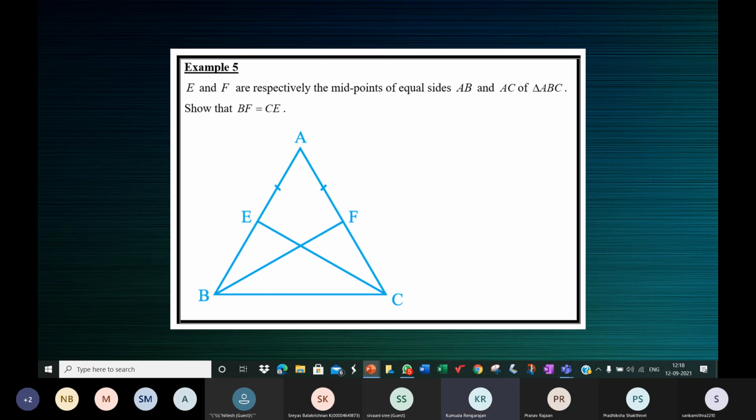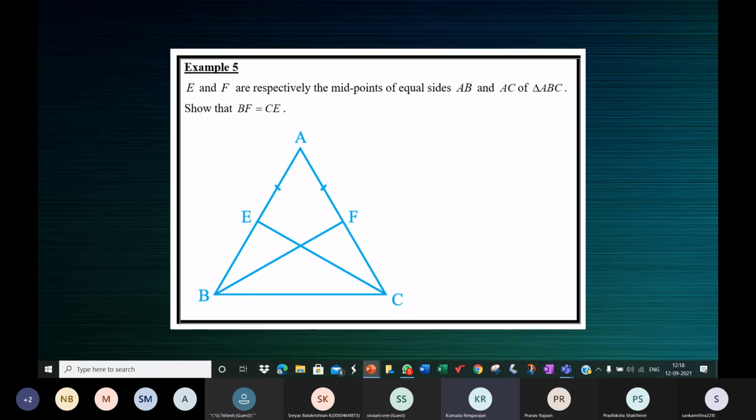Tell me a triangle which has BF as a side. Ma'am, ABF. Another triangle which has CE as a side. CEB, ma'am. Ma'am, CEA.